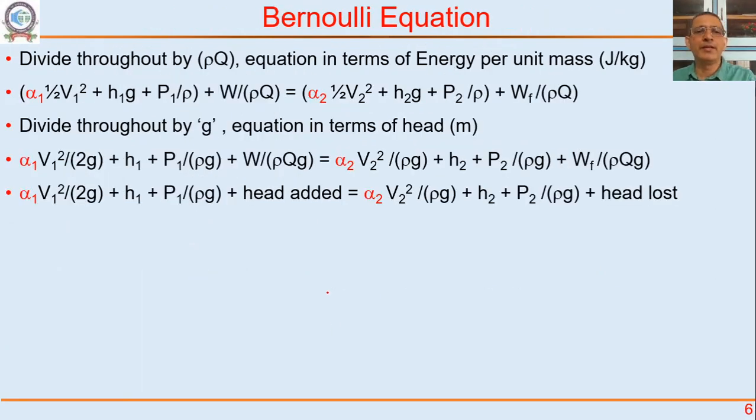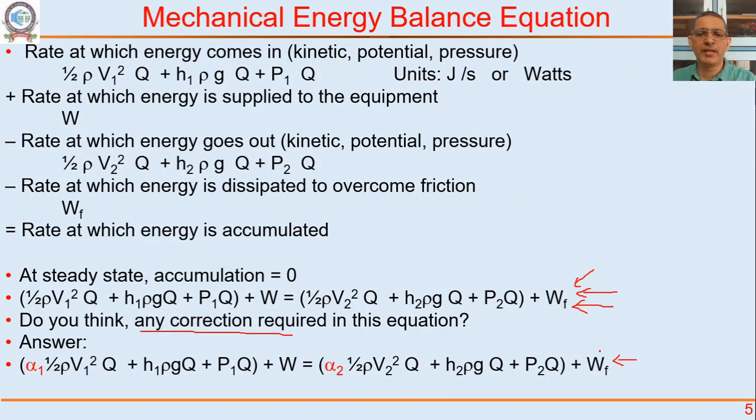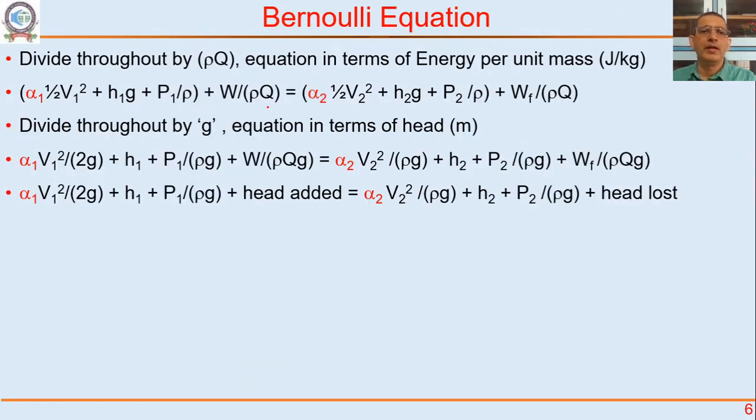Okay, let's go forward. Let's think about this in some different ways. This equation tells us the rate of energy, or power, in terms of watts. But if I divide throughout by Q, and if I divide throughout by rho, which means I am dividing by mass flow rate, mass flow rate is kg per second.